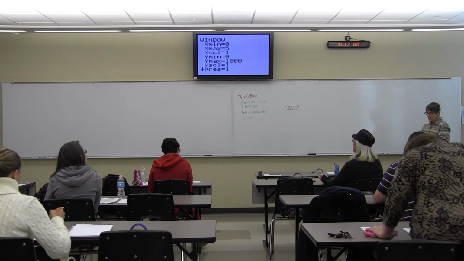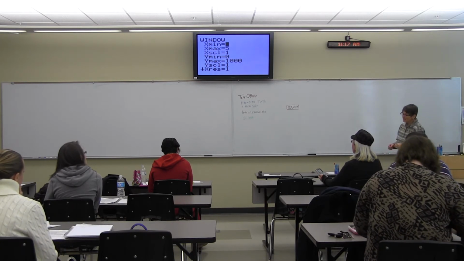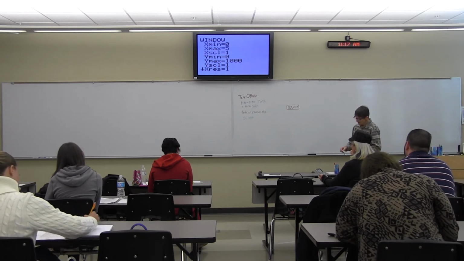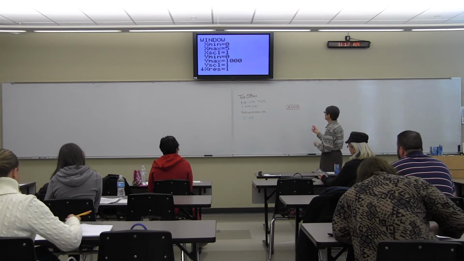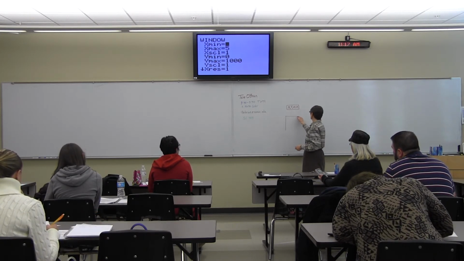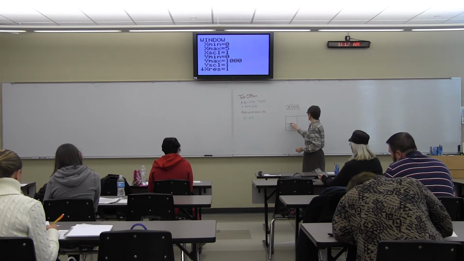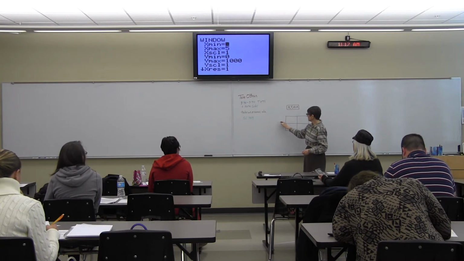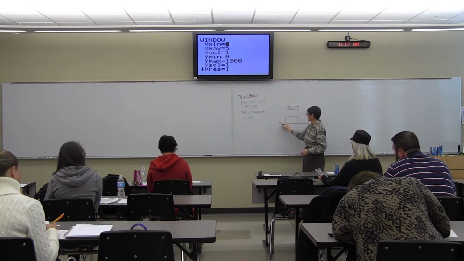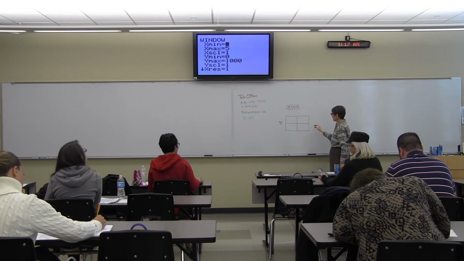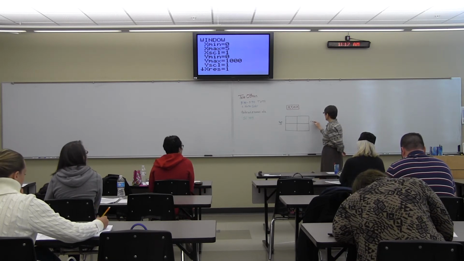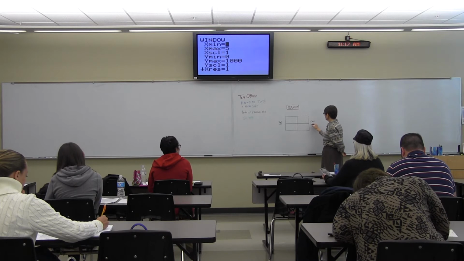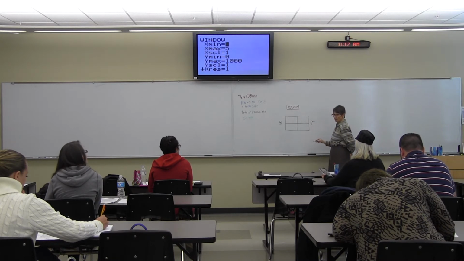Where I like to start is with what they call the standard viewing rectangle. The standard viewing rectangle looks like this. What's controlling the left side of the graph is x min, and that's -10. That controls the left edge of the graph. And then we have x max. It controls the right edge of the graph, and it's 10.